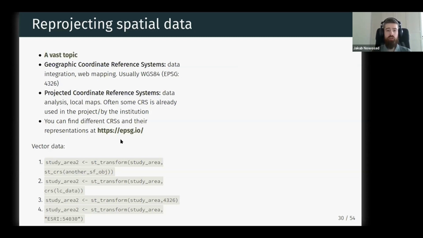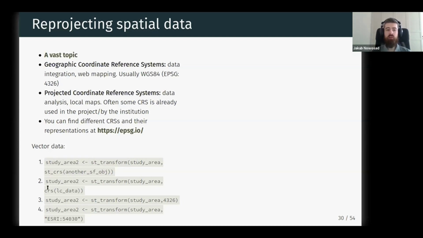And just to show you that fairly quickly, there is a function called st_transform, and this function is for vector data. So for example, we can get our vector data and extract the CRS from a different data set, and using that, we can convert two data sets to the same projection.